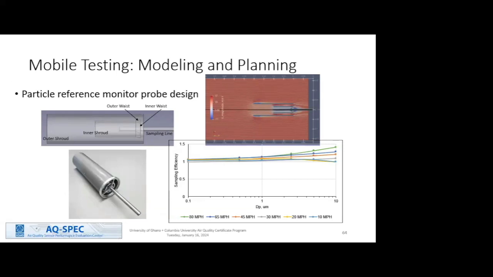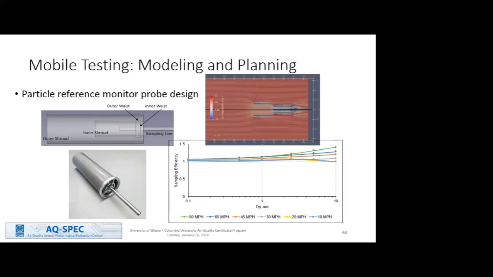Another approach to doing mobile monitoring of particles is using shrouded probes. We typically see this on aircraft campaigns and aircraft measurements to get particle samples. The idea of a shrouded probe is that you want to create a deceleration zone to slow down your sample flow. When you slow down the entire sample, you give the larger particles more time to react to the changing gas flows.